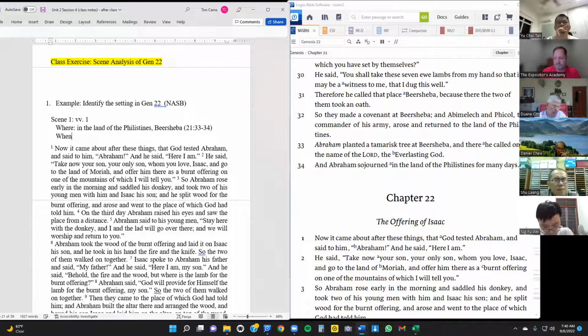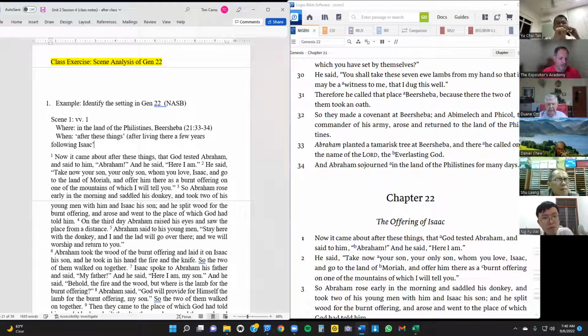And then when, it just says after these things, right? Verse 1, so after living there a few years following Isaac's birth. We don't know exactly, but it's roughly, because Isaac is now a boy.